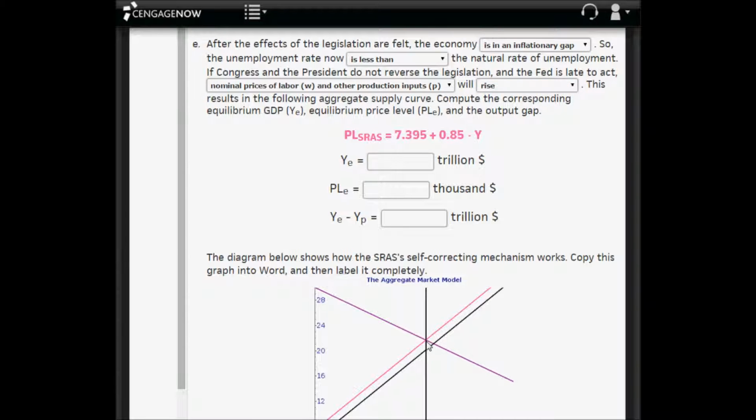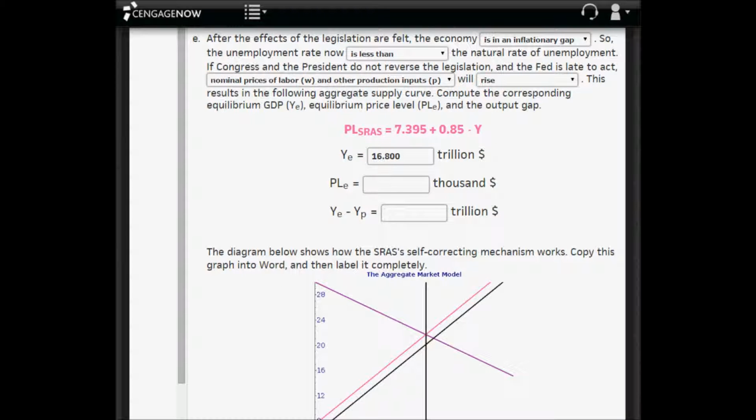At this new equilibrium, real GDP, Y subscript E, equals potential GDP, which was $16.8 trillion. To get the equilibrium price level at this new equilibrium, we have to plug this value into this new short-run aggregate supply curve.